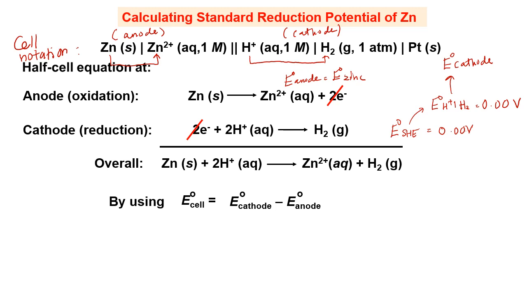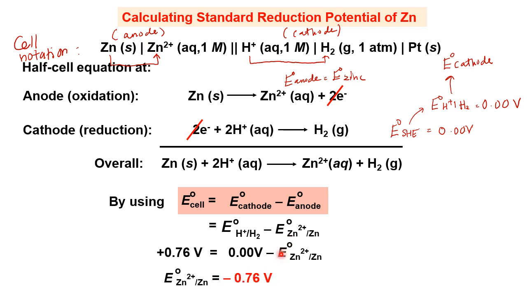By using E naught cell equals E naught cathode minus E naught anode, substitute all the values that we have. This is the E naught cathode and this is the E naught anode. So that is the proper way of writing it. Substitute the value, and you will have the E naught for zinc, the standard reduction potential for zinc 2 plus to zinc, is negative 0.76, and if you compare this value to the value inside the SRP table, you will get negative 0.76.